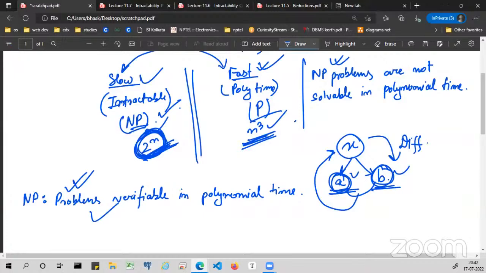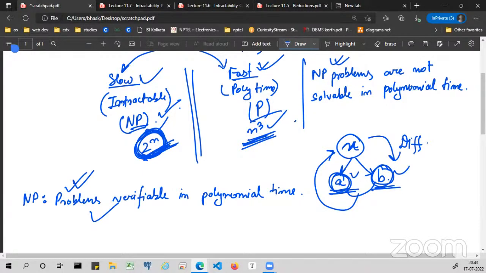But if I only give you x and tell you to factorize x such that both of them are prime numbers, there are multiple possibilities that you have to think about and then get to the answer. But if x is the product of two prime numbers, then x can only have these two factors, no?